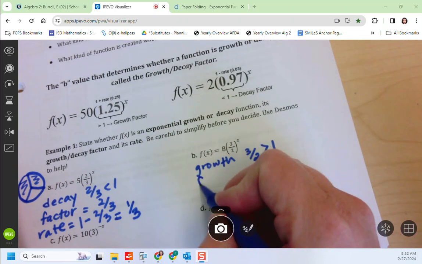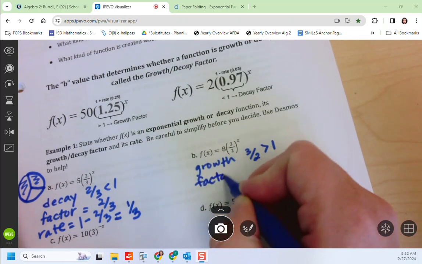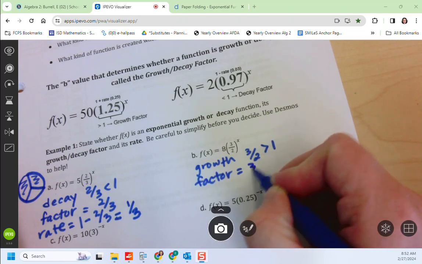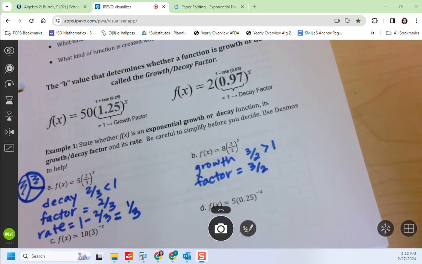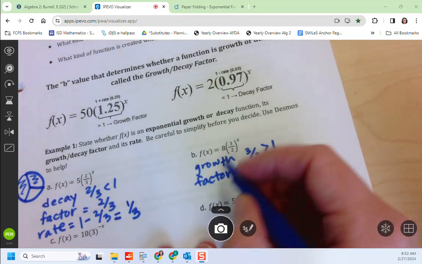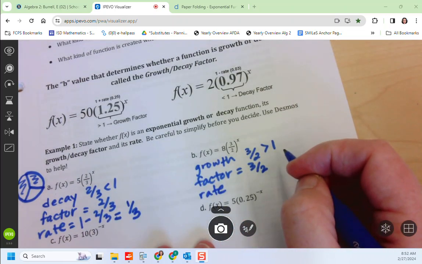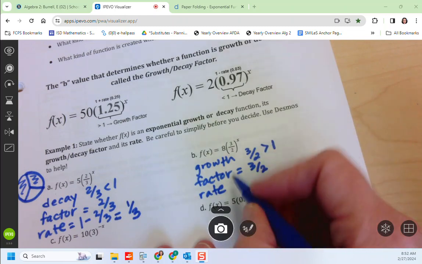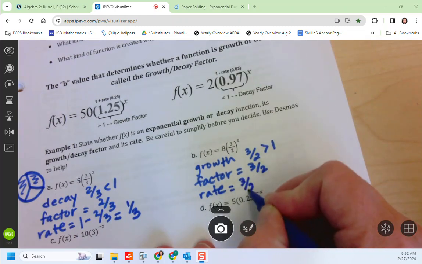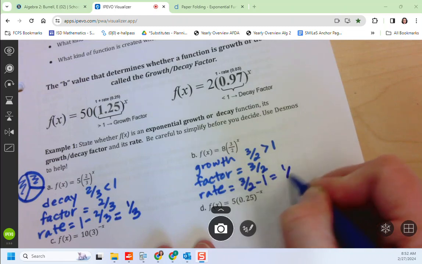And the factor is just 3/2. But did you guys find the rate? Okay, so the rate is what it's increasing by, and it's increasing by 50% each time. So it's just the 0.5, but you can do that by taking the difference between this number and 1. So the rate is 3/2 minus 1, which is 1/2.